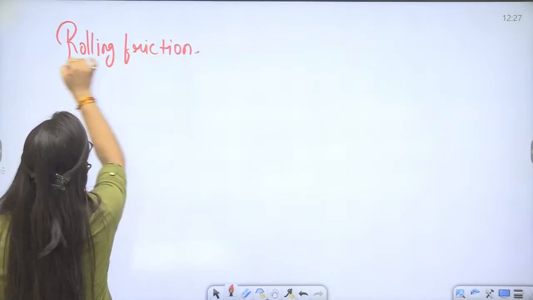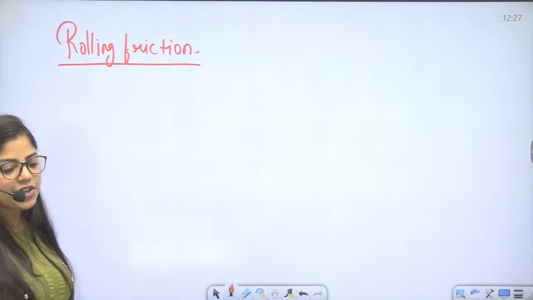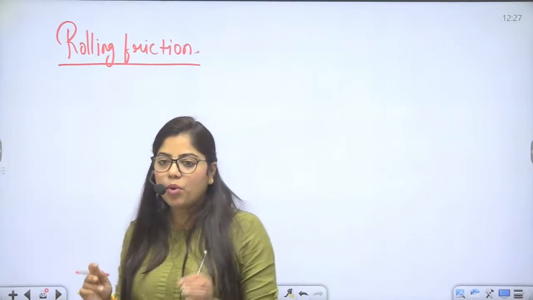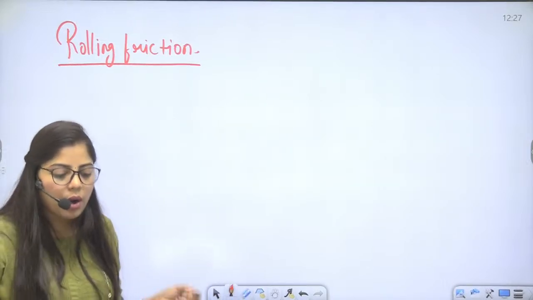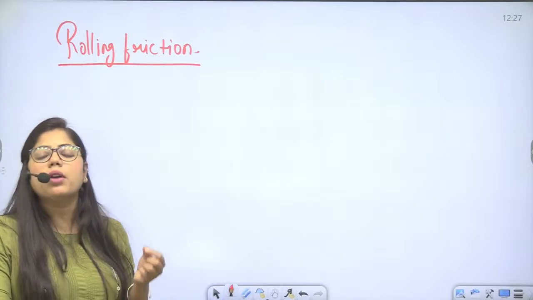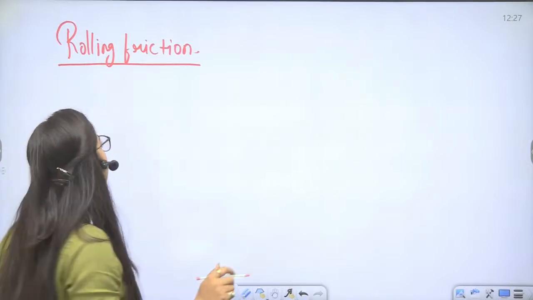Rolling friction. What is rolling friction? Rolling friction resists the motion of a ball or wheel, and it is the weakest type of friction. Clear?